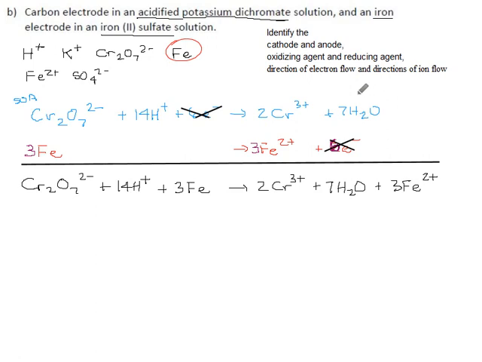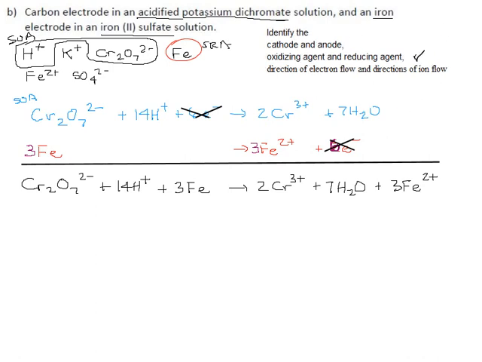Okay, so that's our overall reaction. We already found that the hydrogen and the dichromate together, working as a team, are our strongest oxidizing agent, and that the iron metal is our strongest reducing agent. So there's two of our items taken care of.